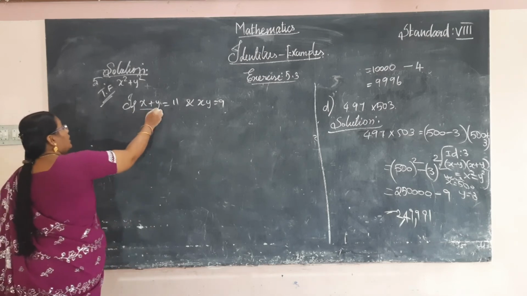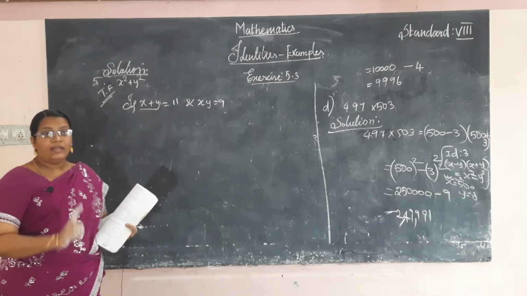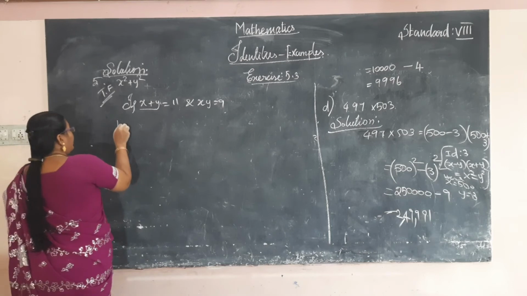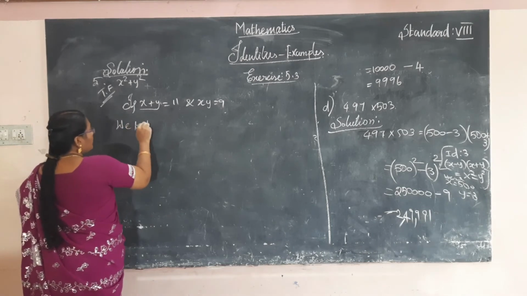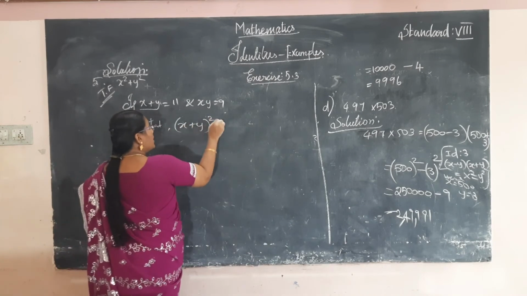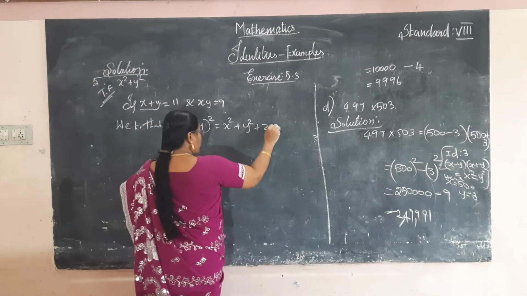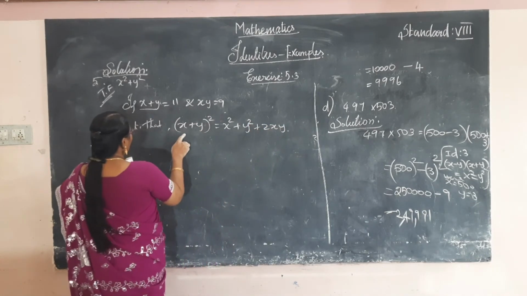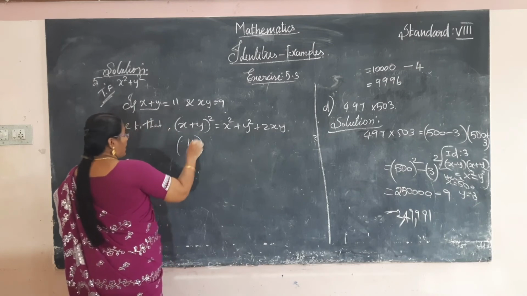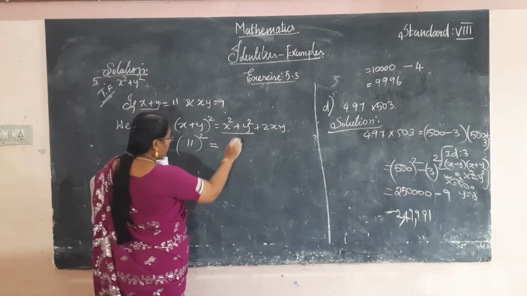Here check the given data. So we are using identity 1, (x + y) the whole square. We know that (x + y) the whole square is equal to x square plus y square plus 2xy. So what is the value of x plus y? It was 11. So 11 square is equal to x square plus y square plus 2xy, and we have to find the value of x square plus y square.